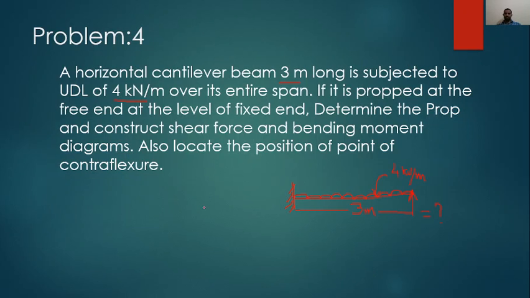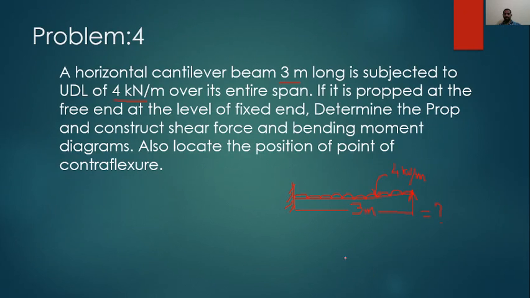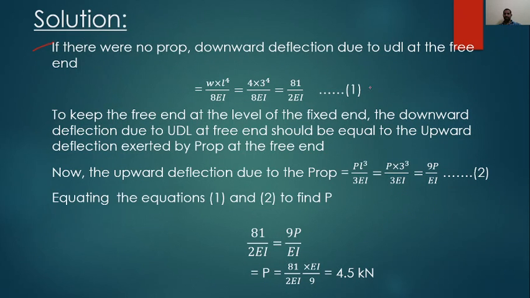So first we need to find the prop reaction. For this, let us calculate the downward deflection due to this load alone. If there were no prop, the downward deflection due to UDL at the free end will be, for a cantilever beam subjected to UDL, we have the formula WL power 4 by 8EI, and here we are going to substitute the values.